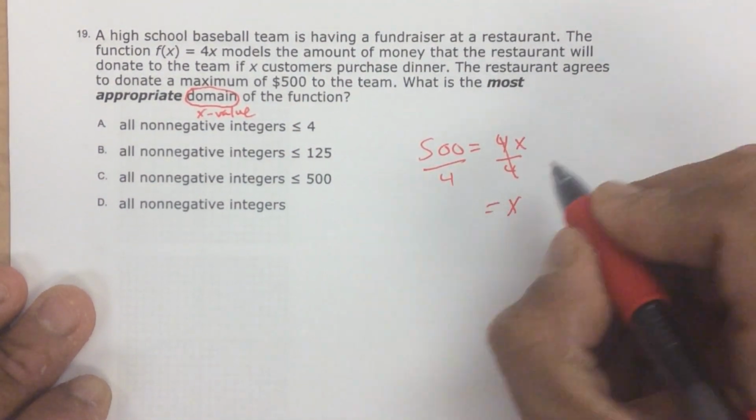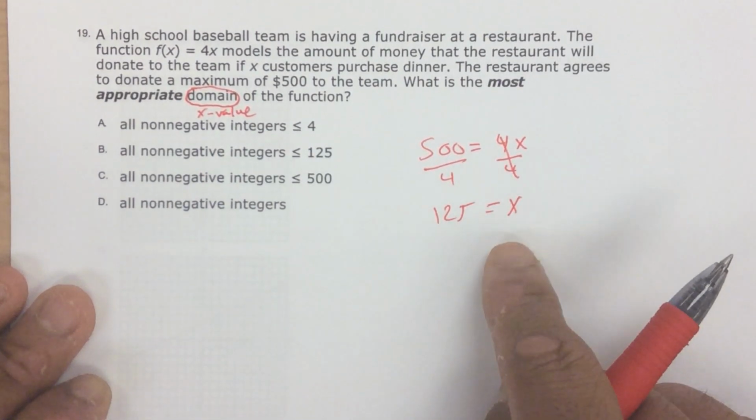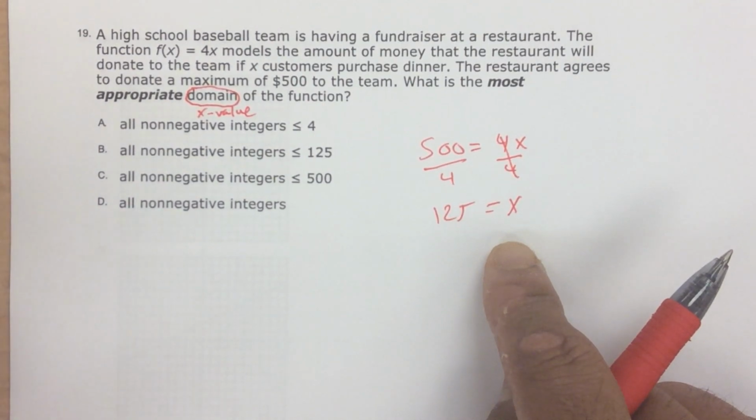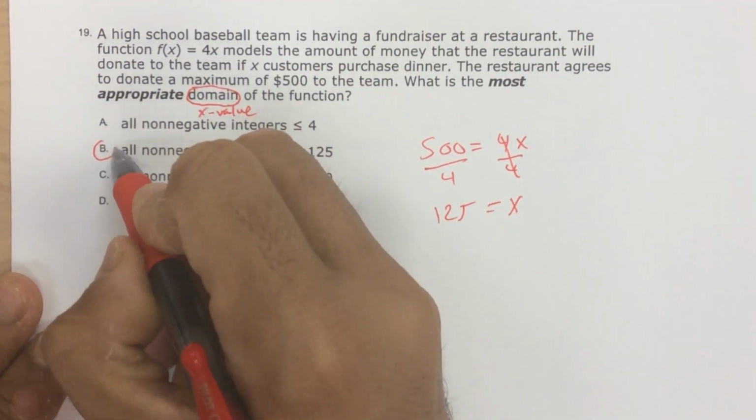So you're left with x equals 125. So they're saying that the maximum amount of x values, or dinners, will be 125. So obviously it's going to have to be B.